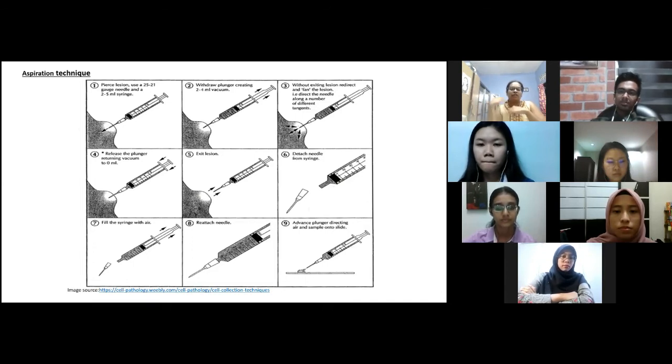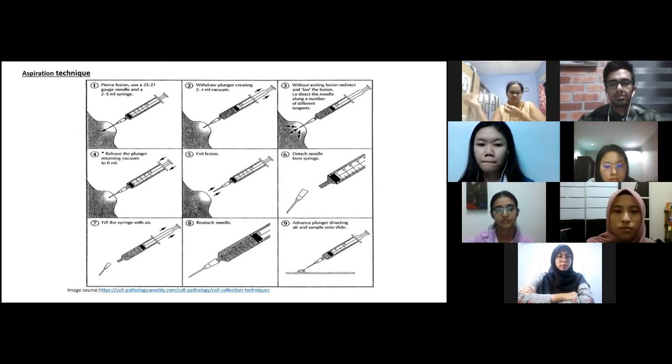After a few withdrawing and plunging, you exit the lesion, detach the needle from the syringe, and get in a few millimeters of air. You reattach the needle, and then you put the smear or the content onto your slide. So that's all from me. We'll proceed to the next procedure.